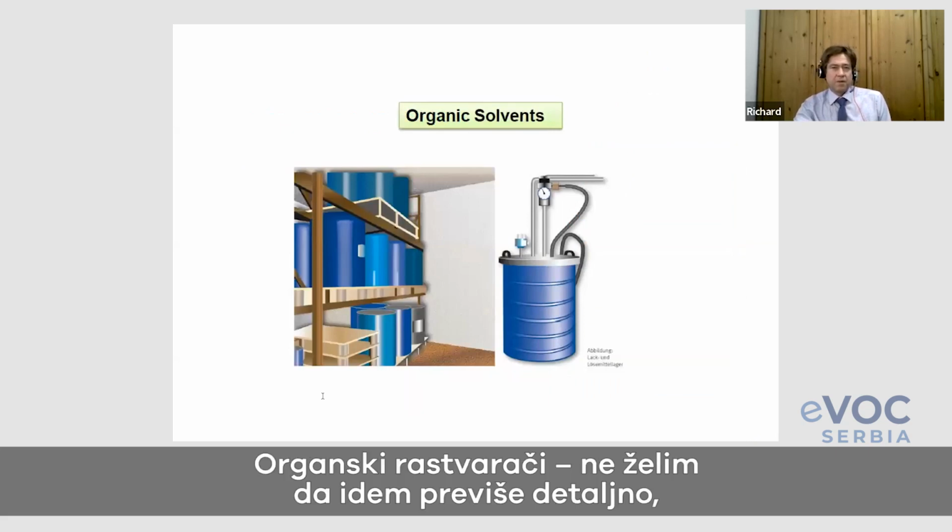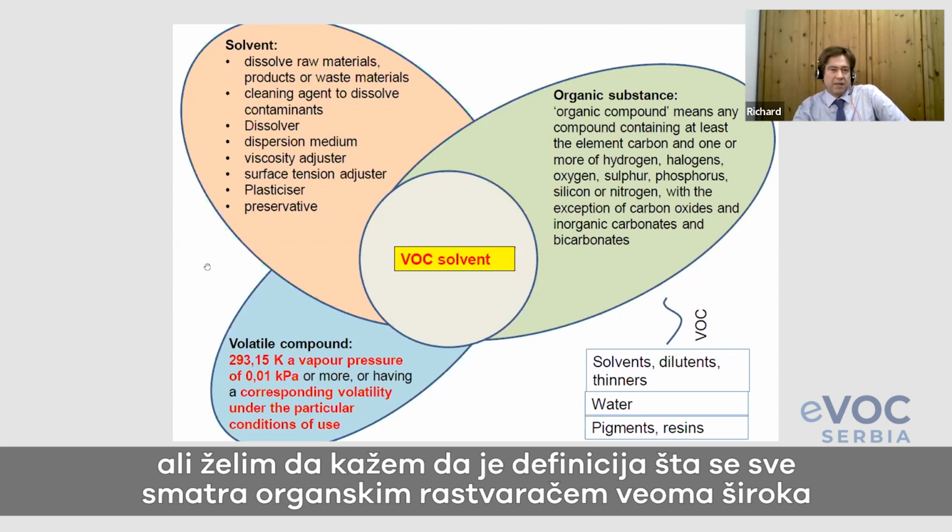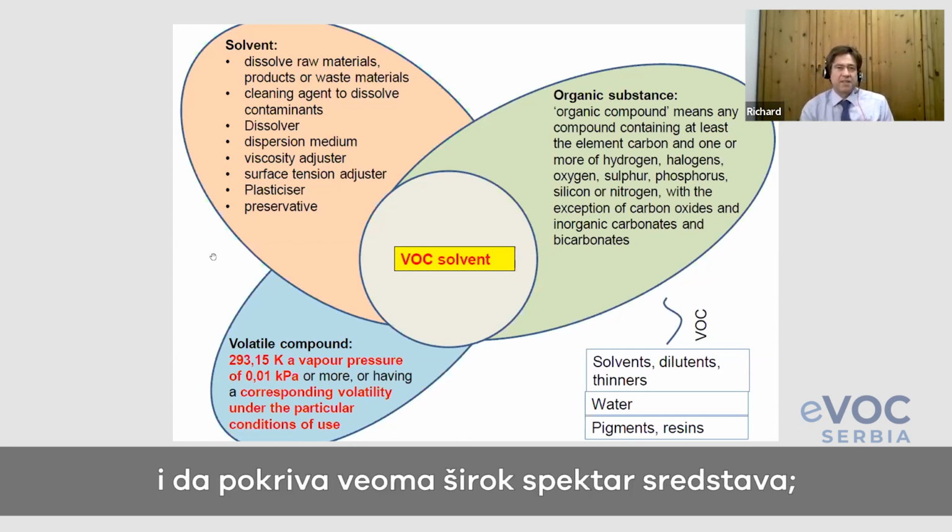So, organic solvents. I think for time reasons, it is clear. I don't want to go too much into detail, but I want to point out that the definition of what is an organic solvent is a very wide definition. It covers a wide range of agents.